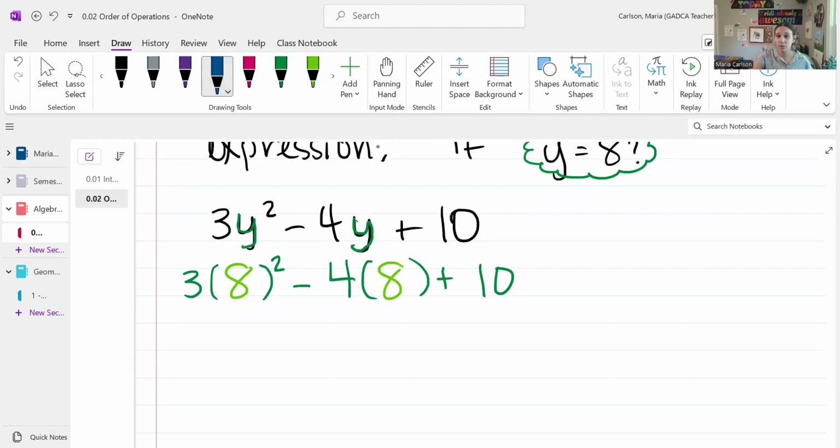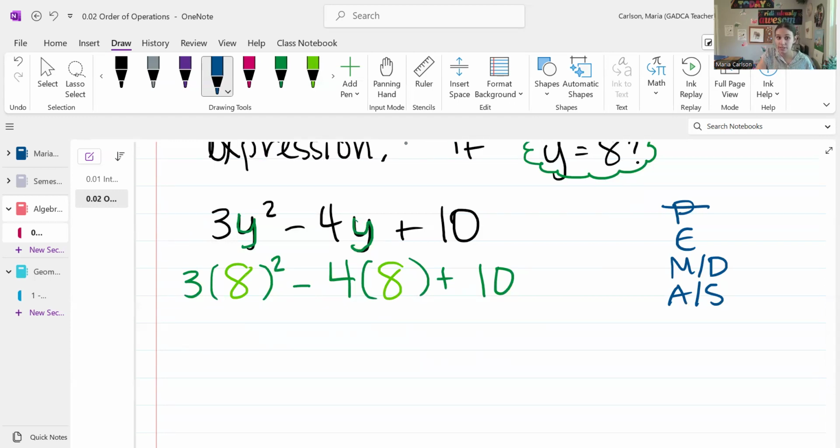And remember, in the order of operations, parentheses, exponents, multiplication, division, addition, subtraction, parentheses does come first, but look, inside our parentheses, we just have one number. So there's nothing to do inside the parentheses. There's no operations to actually simplify. So next, we're going to look at our exponents. And it is not 3 squared, 8 squared.